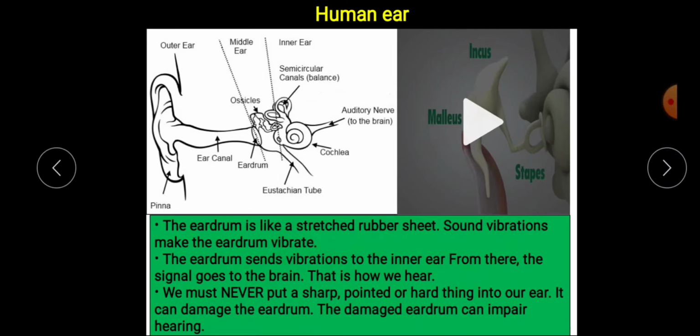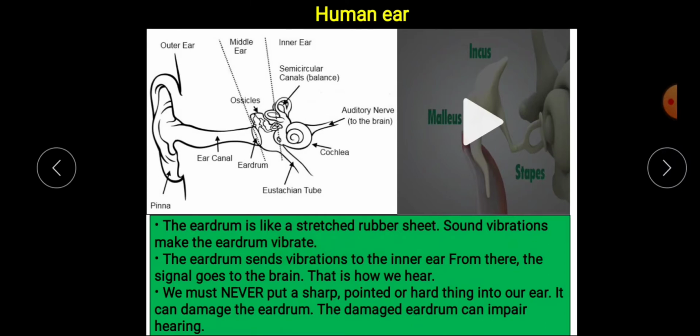So our eardrum is like a stretched rubber sheet, and sound vibrations make the eardrum vibrate. Whatever we hear will make this eardrum vibrate, and it will send the information ahead and ultimately reach our brain.